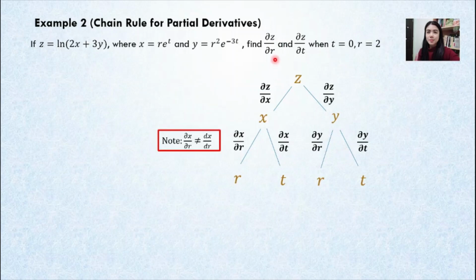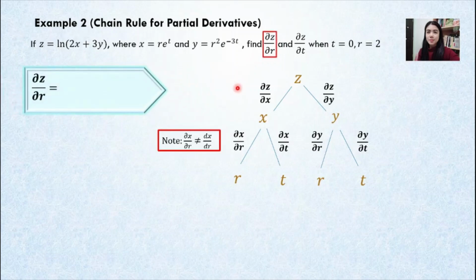Okay, let's look at how to write the formula for ∂z/∂r. In order to write the formula for ∂z/∂r, you need to check the branches that end with the node r. So this is the first branch that you can see here.